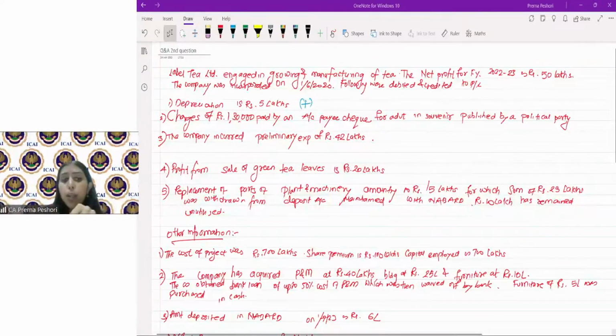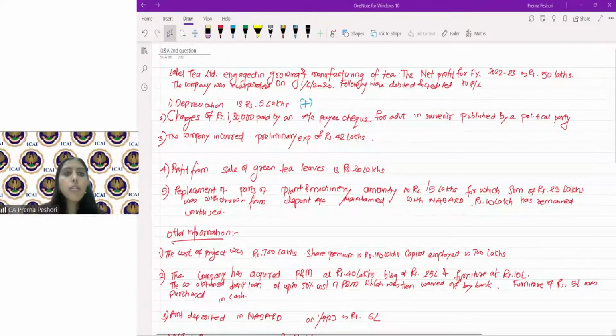The second effect will be under 80GGB: the expenditure incurred by an Indian company for any advertisement or publication published by a political party is considered a contribution to the political party and is allowed as deduction under 80GGB.